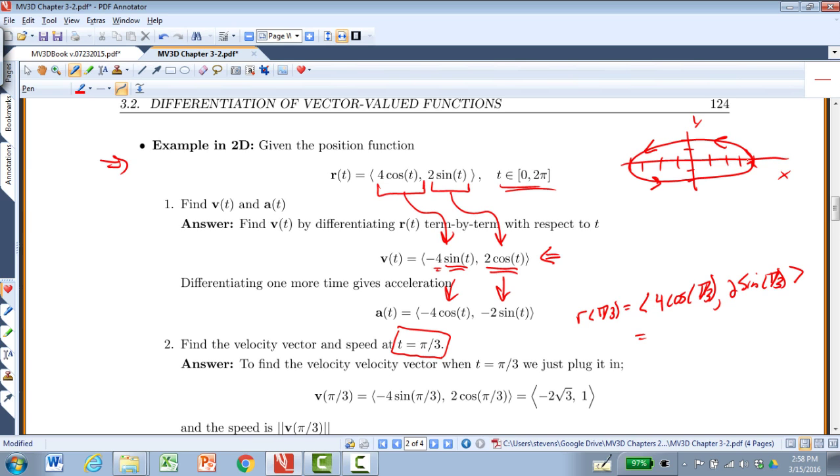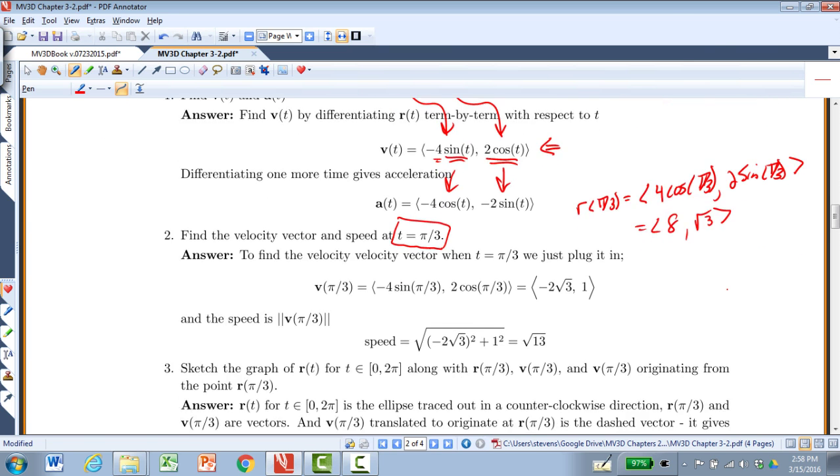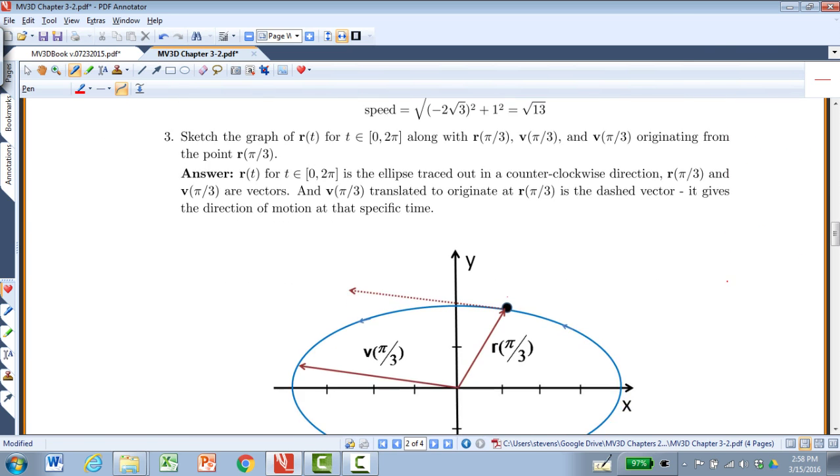And pi over 3, that's this one up here. So that's 4 times 1/2, so that's 8. And 2 sine of pi over 3 is 2 times the square root of 3 over 2. So it's 8 root 3. Right? And that's this point here.